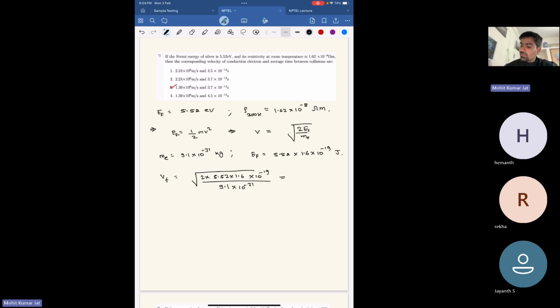You can do this in simple mathematics, and this will turn out to be 1.39 times 10 power 6 meter per second. So this is the velocity of the conduction electrons which are very close to the Fermi level. So they are the conduction electrons.